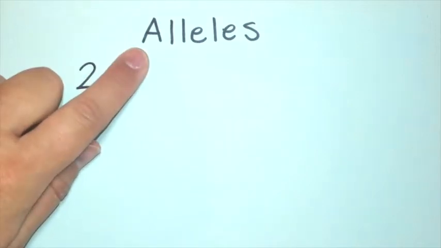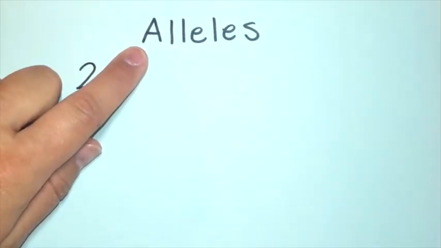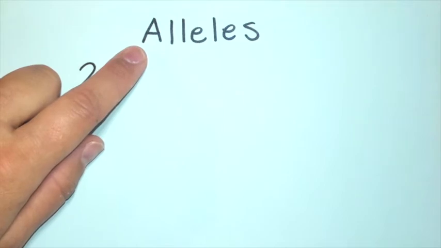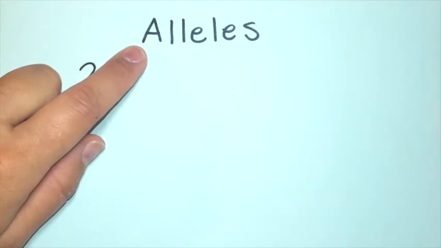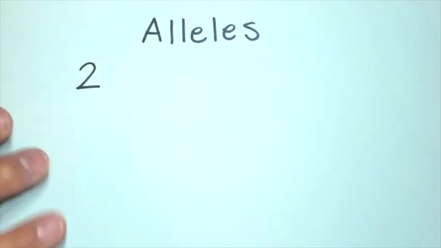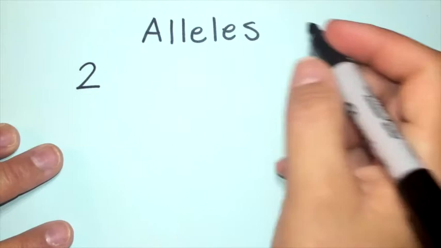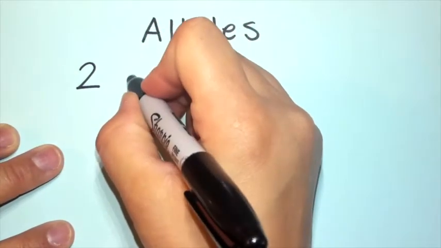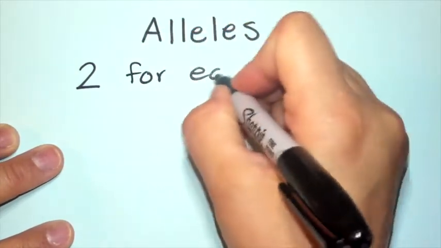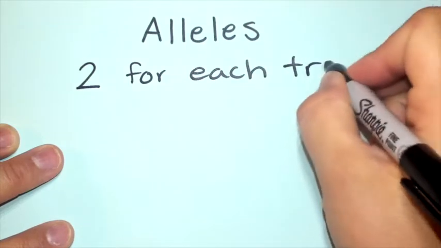Let's go over alleles. Every organism that's living, myself, your cat, a dog, has alleles, and they have 2 alleles for each trait that they have. Okay, so 2 for each trait.